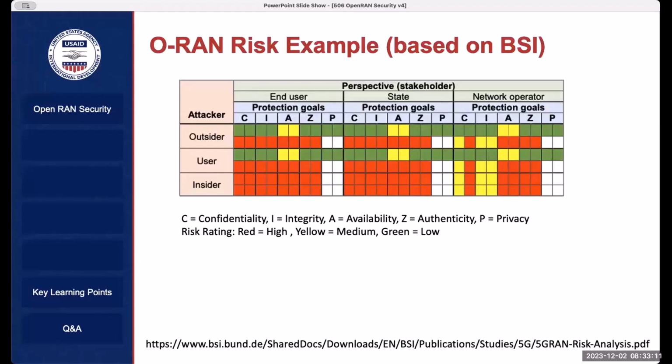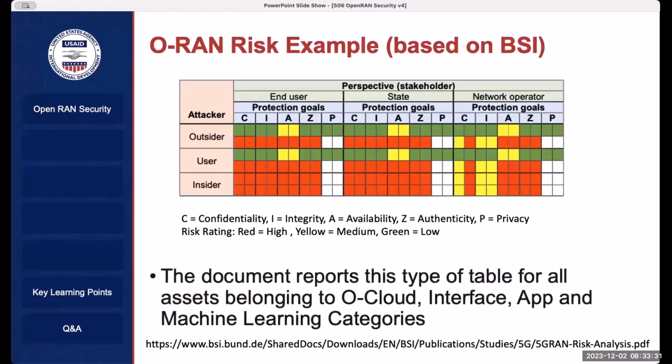But for availability and authenticity, it's a no-brainer if it's an insider. Okay. And it's just an example on one subset that I extracted from the BSI documentation for their 5G RAN risk analysis.